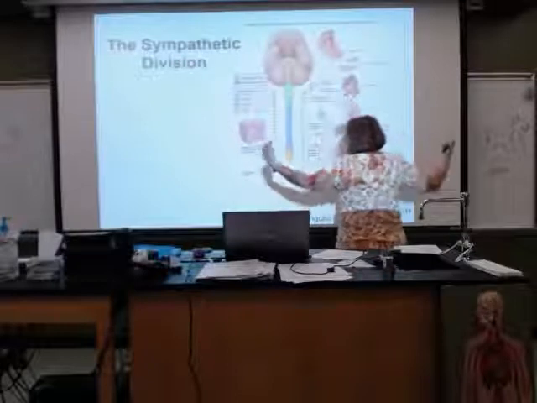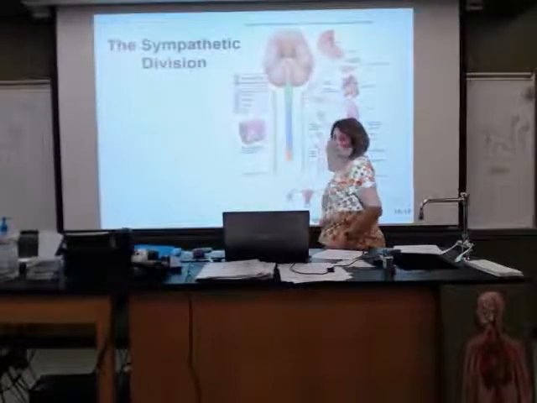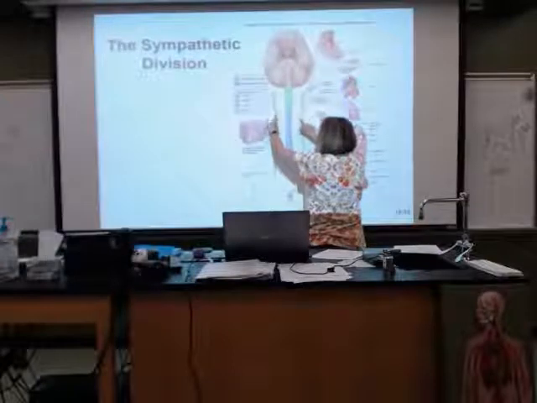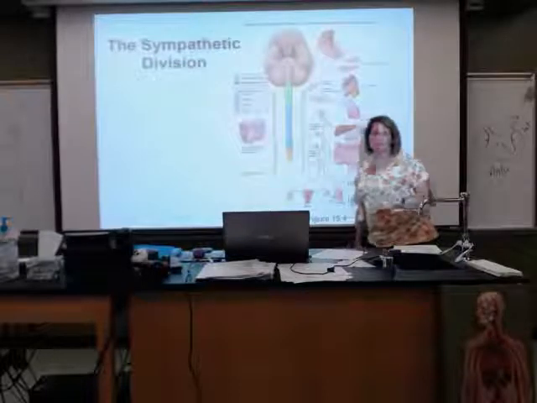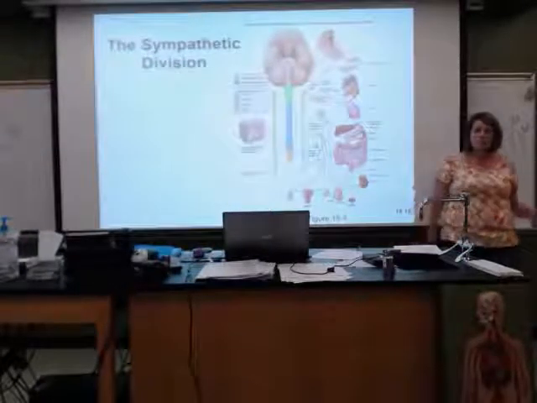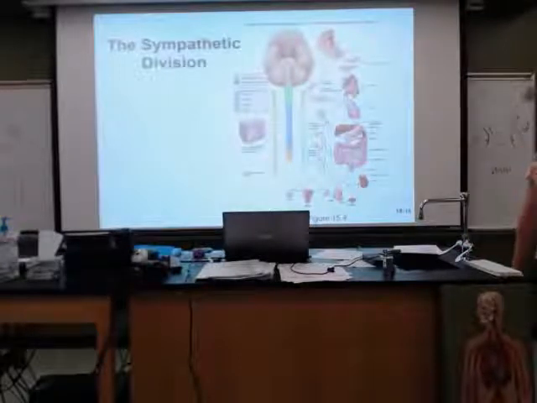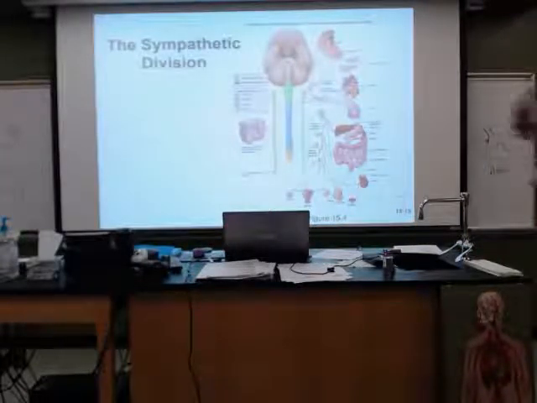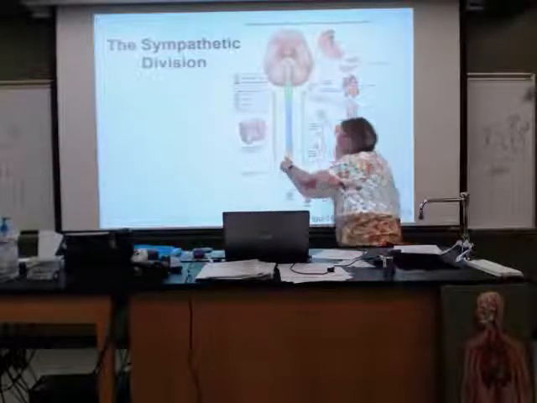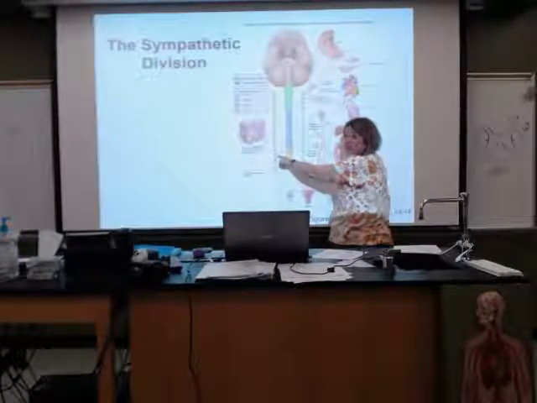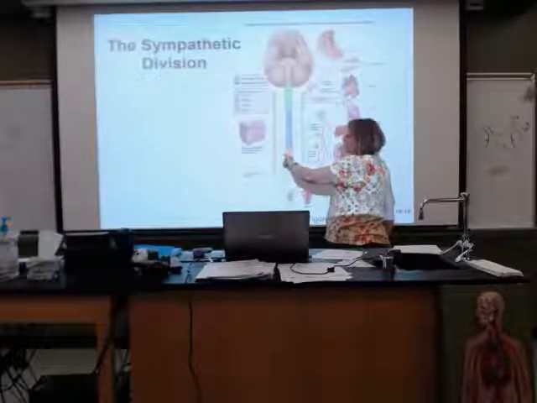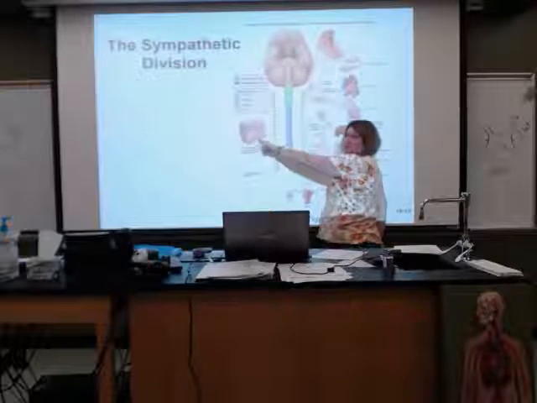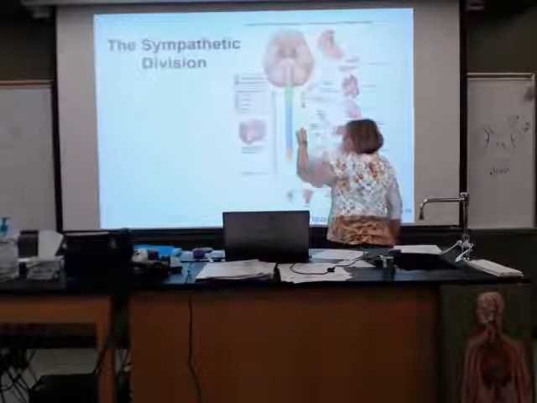So I have exits on both sides. They will meet these ganglia. Do the ganglia only match up to the T and the L portions? No. The chain goes up and down. So that tells me that the information that needs to leave needs to travel either very quickly to the second one, or I need to travel up or down.